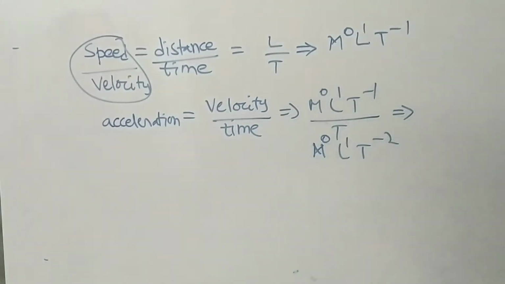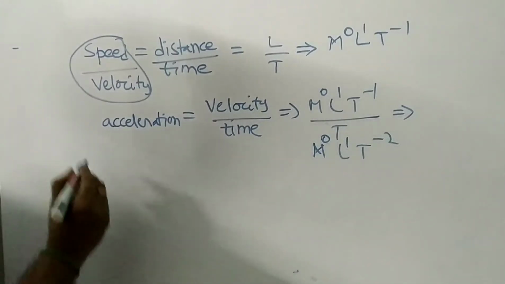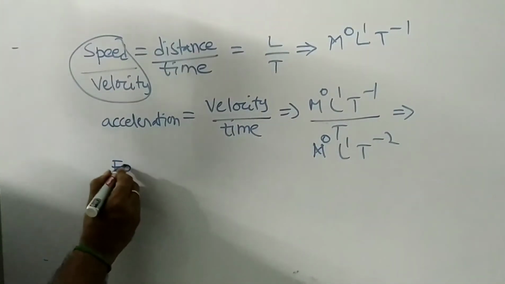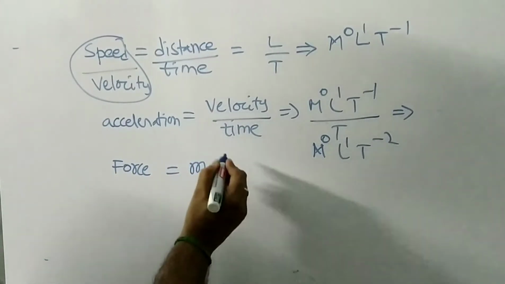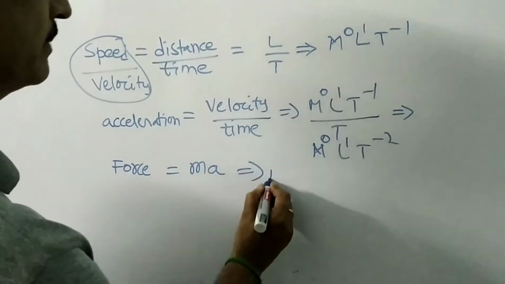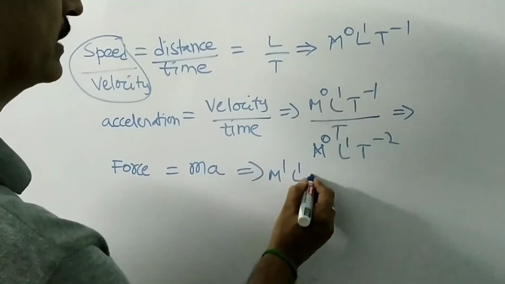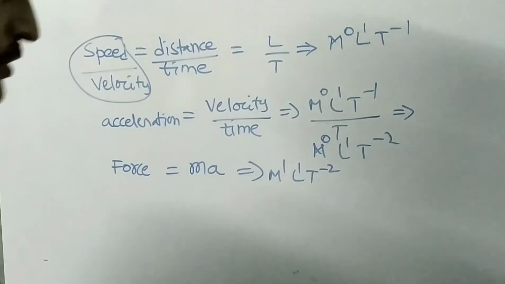This is the dimensional formula for acceleration. And if you know the acceleration, you can write force. Force is mass into acceleration. So mass M to the power of 1, acceleration L to the power of 1, T power minus 2.